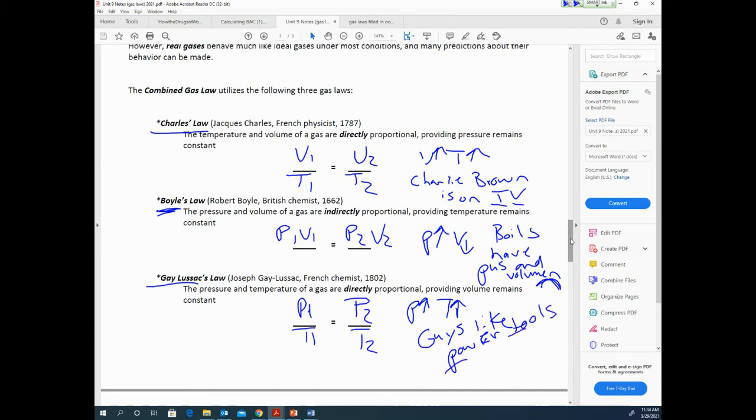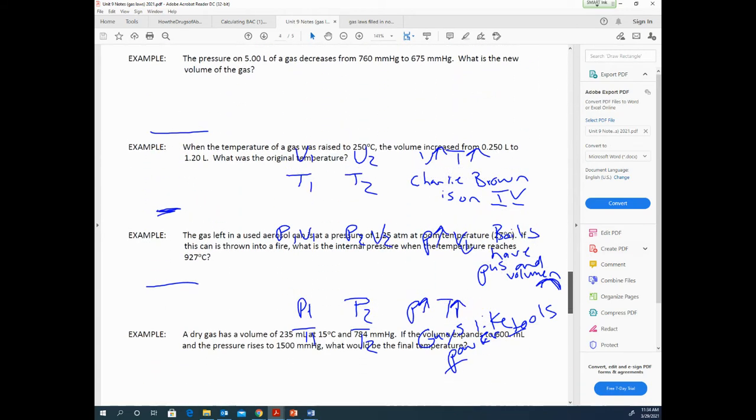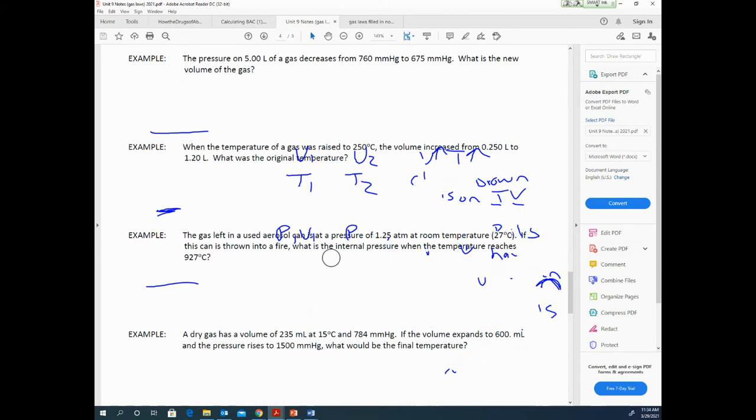So it has the P and the T for pressure and temperature. That helps you differentiate them. Now, we're going to put all of them together in a combined gas law where we can have all these variables, volume, temperature, and pressure, and still be able to solve the problem.